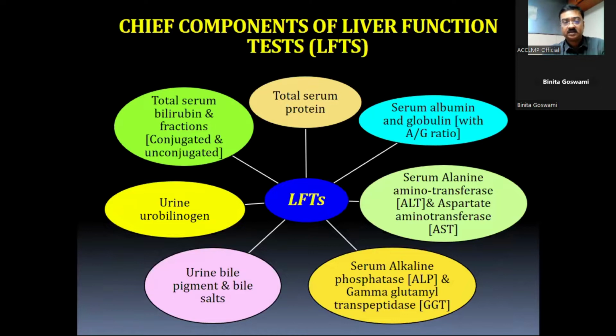Now the LFT comprises all the LFT tests along with the prothrombin time. P time we also consider as a part of LFT, and also urinary bile pigment, urobilinogen, they're all considered to be a part of liver function test altogether.